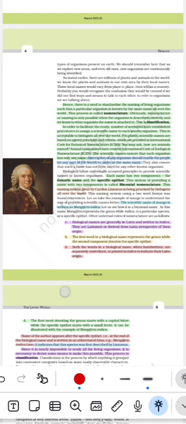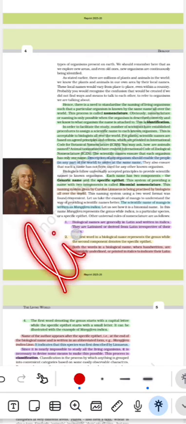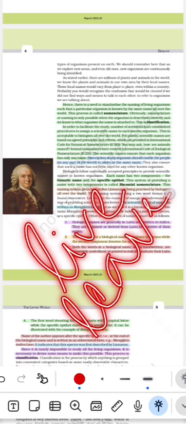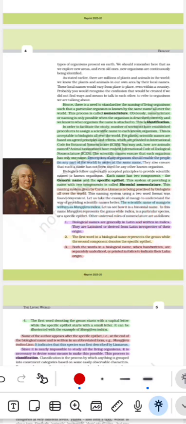I say "leave." Someone can write this leave, someone can write this leave, but Latin is such a language that there is no alphabet in Latin. This is a dead language. So in italics we can easily write the name.